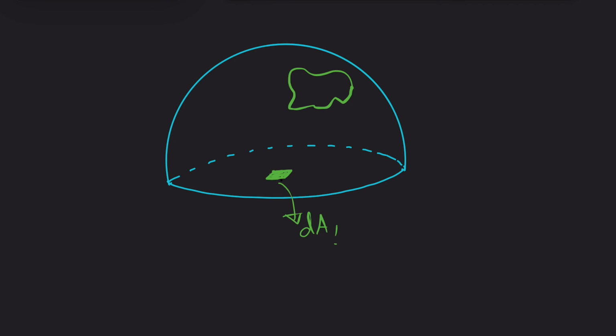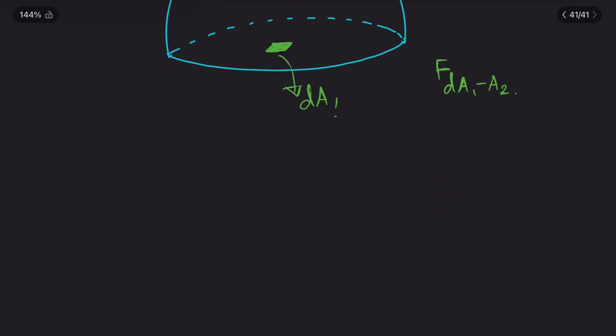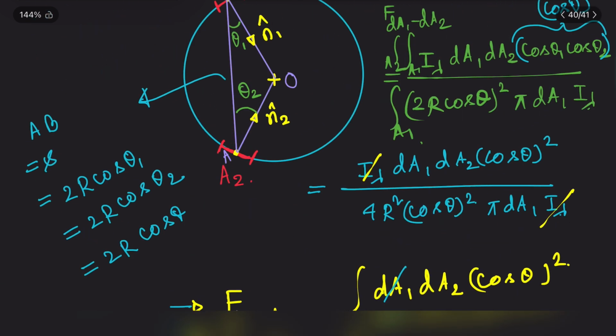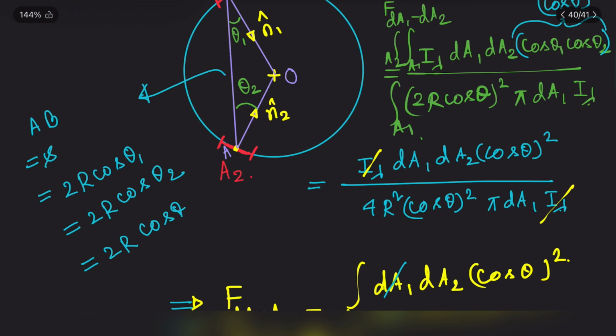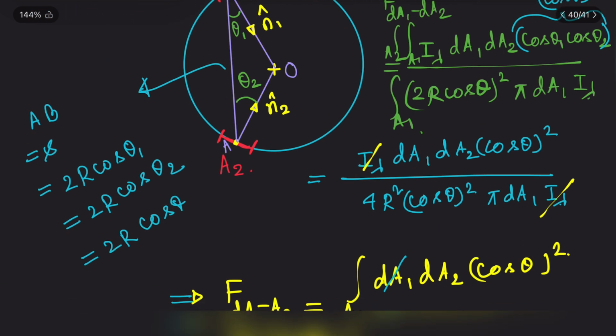So this is my A2. So I have to find f dA1 A2. Then again I can write this f dA1 A2 as the same thing, that is dA1 dA2 cos theta.